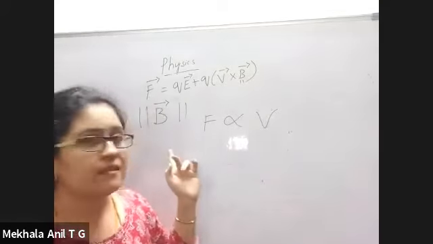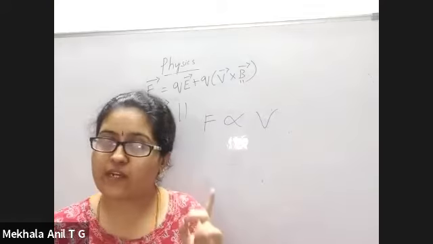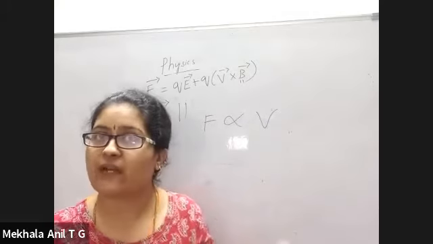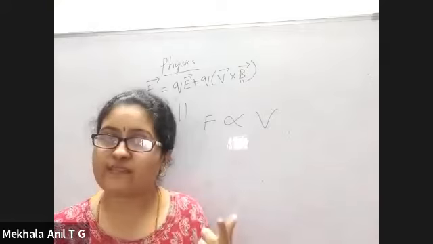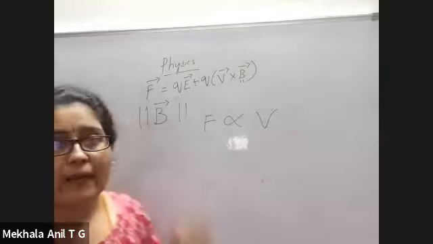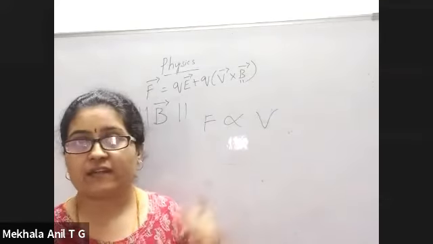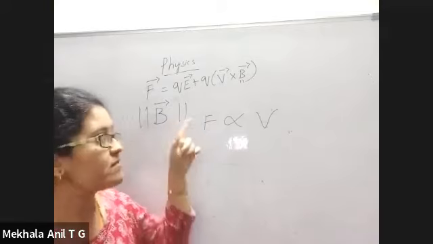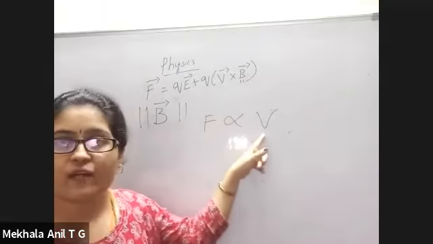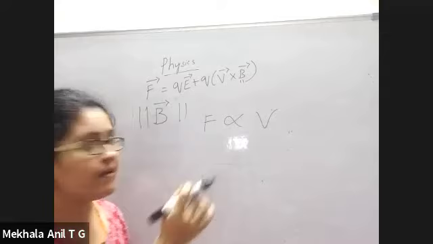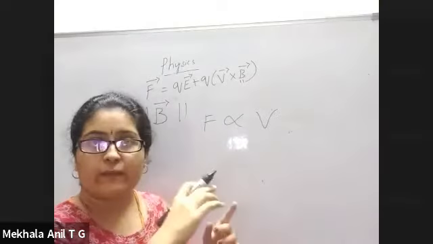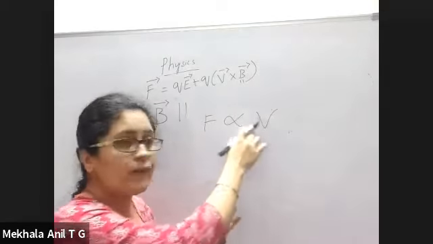And the third one, the nuclear force, even that is not velocity dependent. But the only force which is velocity dependent is the one due to the magnetic field induction vector, which makes the force dependent on velocity.